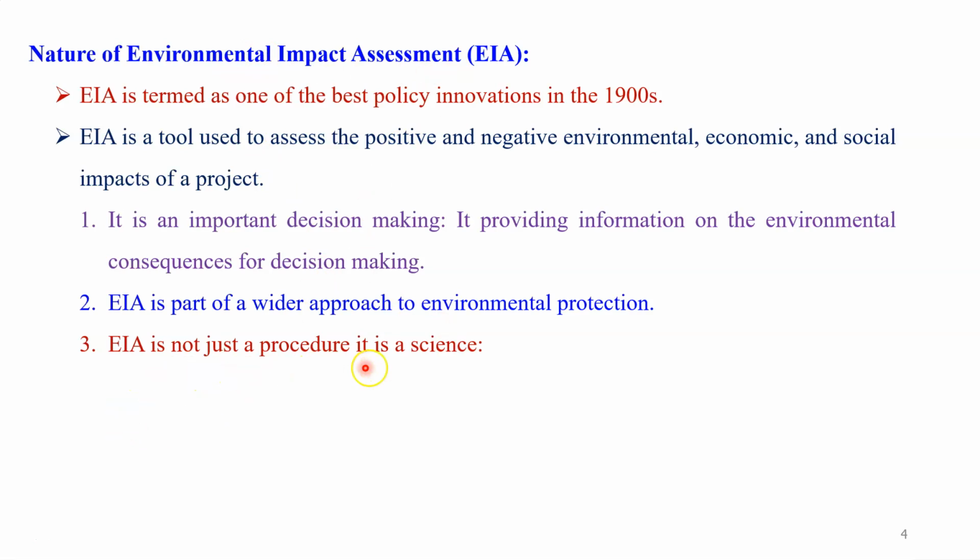The third very important point related to the nature of environmental impact assessment is that it is not just a procedure but it is science. Yes students, this is very important. It is a science, because when you carry out this process with respect to any project or development work, from the beginning up to the finalized report, we carry out this process step by step like a science.